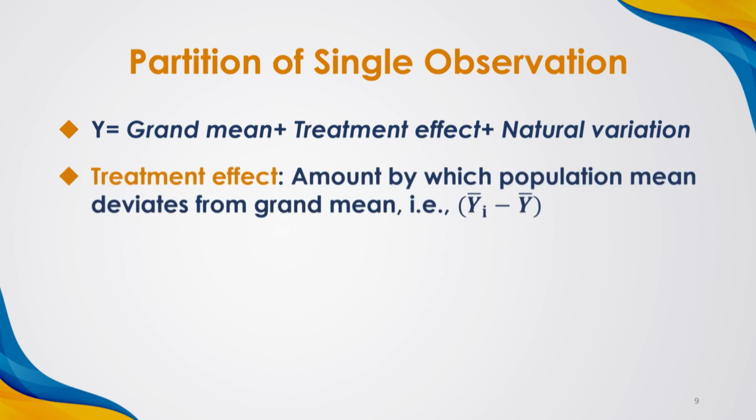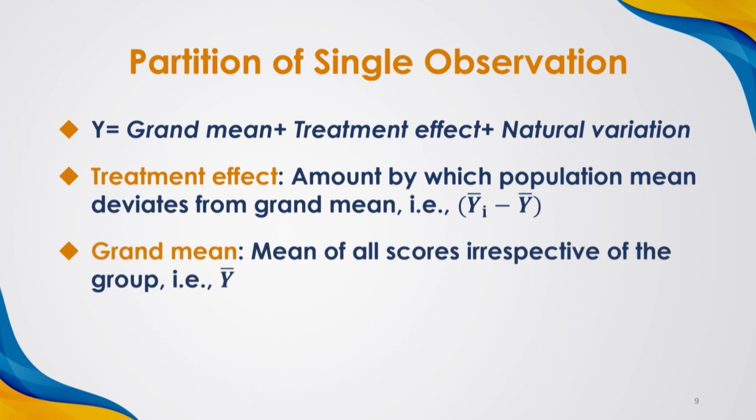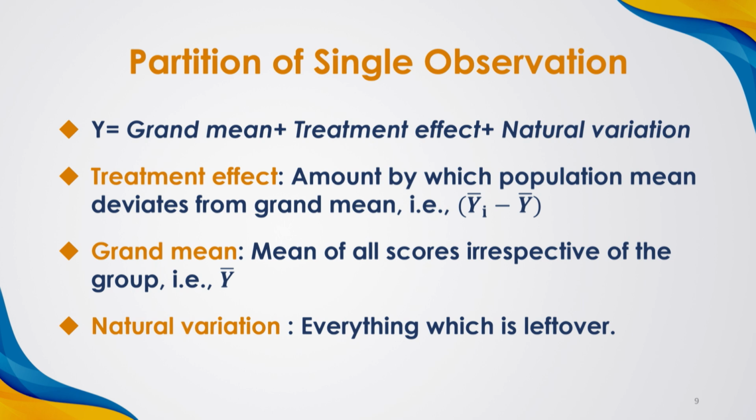Treatment effect means the amount by which the population mean deviates from the grand mean, so we have Yi bar minus Y bar. Grand mean means the mean of all scores irrespective of the group, represented by Y bar. Natural variation is everything left over when you subtract the grand mean and treatment effect from capital Y, that means your observation.